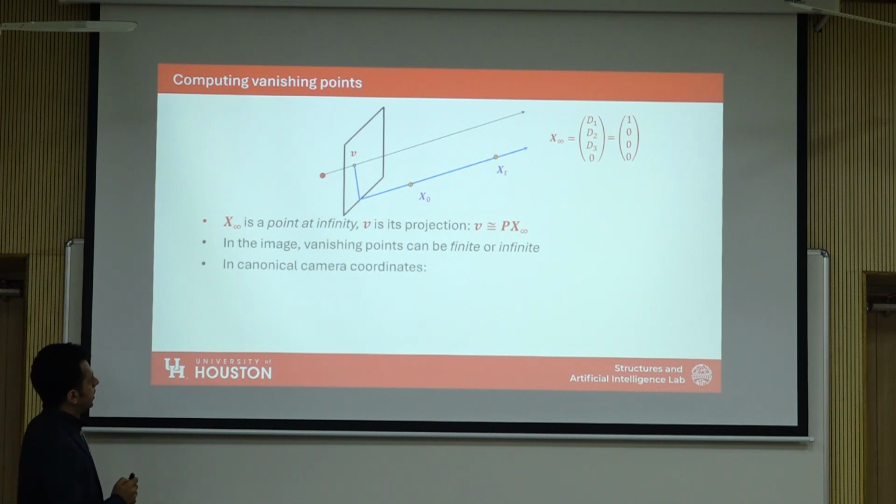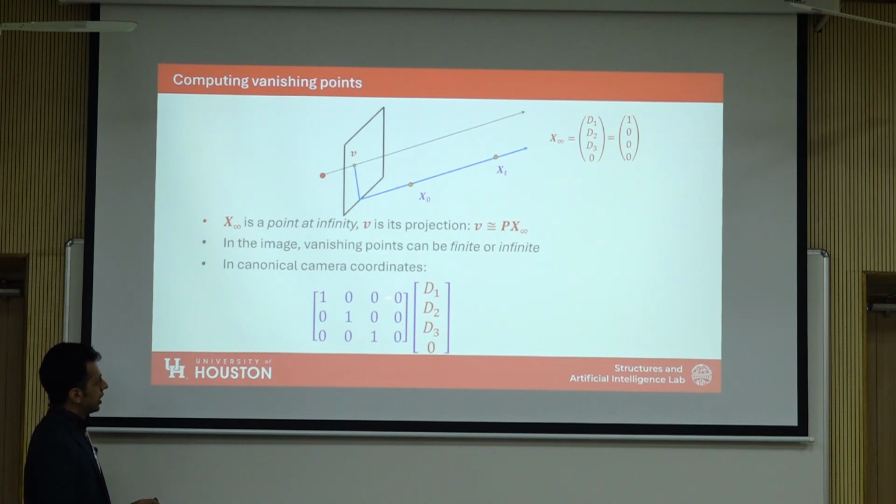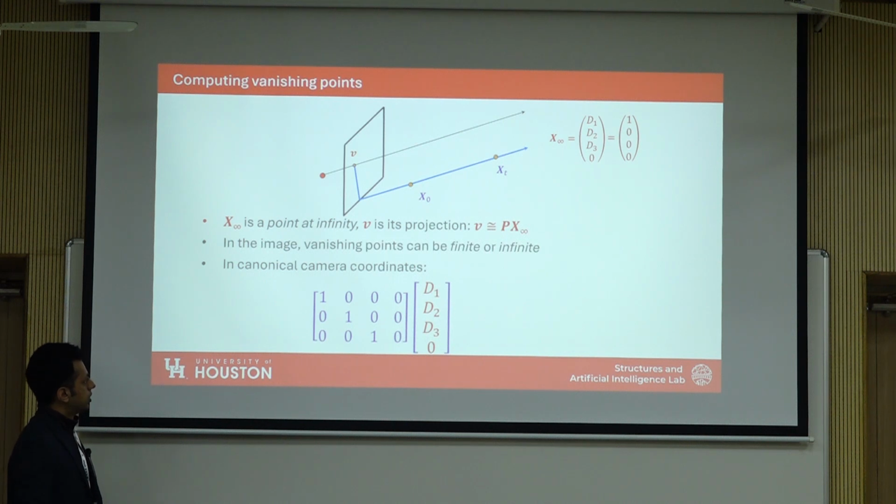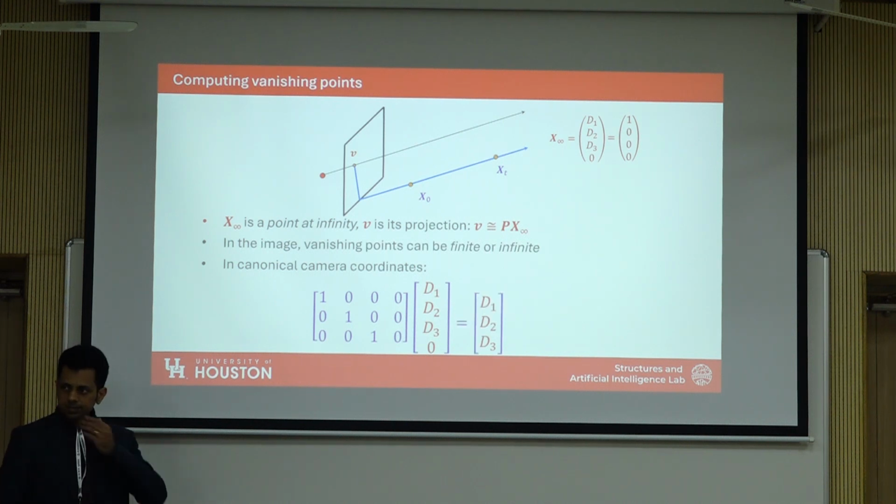Okay. So now in canonical camera coordinates, with a simple matrix, for any arbitrary direction, I have the unit vector in that direction followed by a 0 in the last coordinate, and then I have some projection matrix. When I multiply this, I simply get the direction. So it still works.